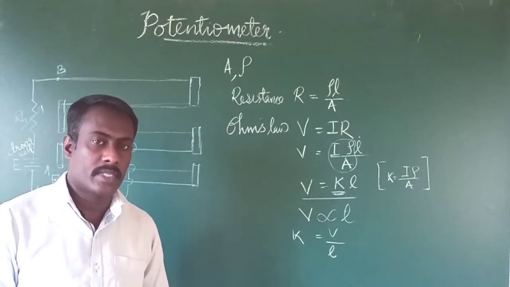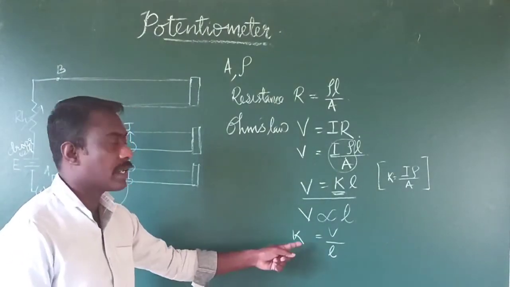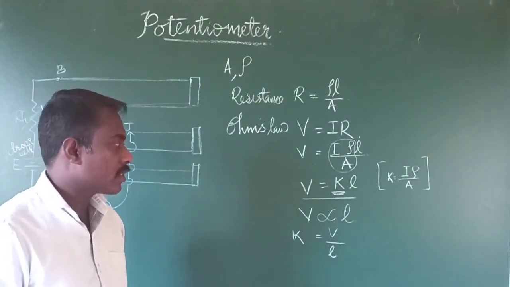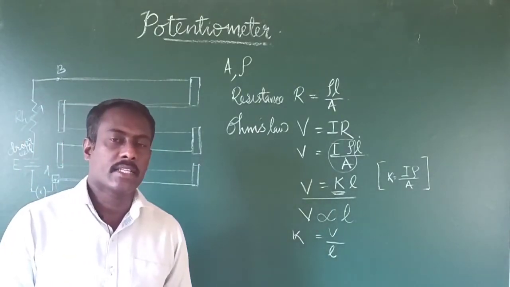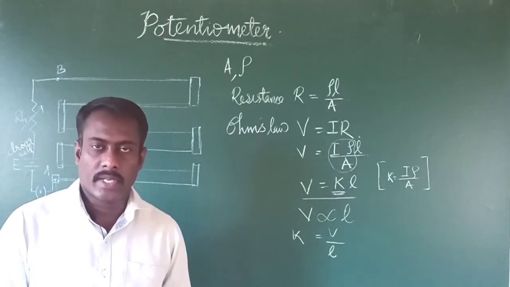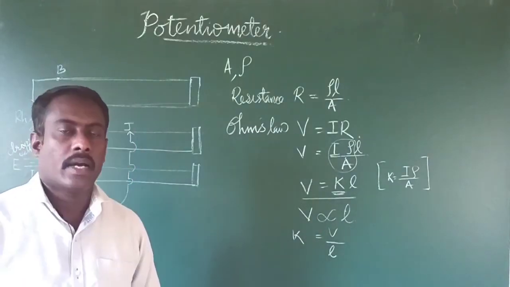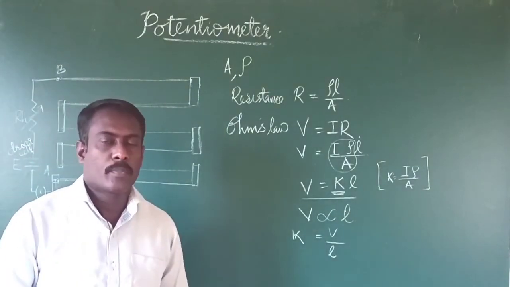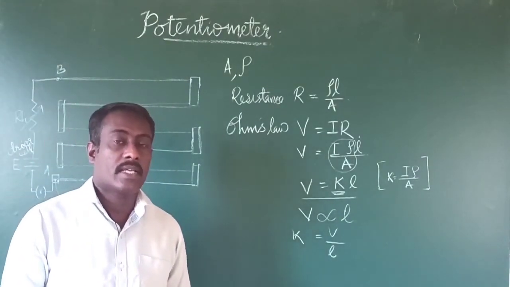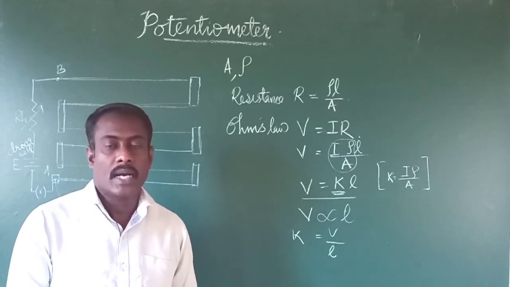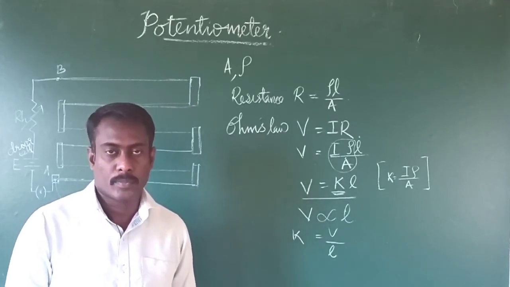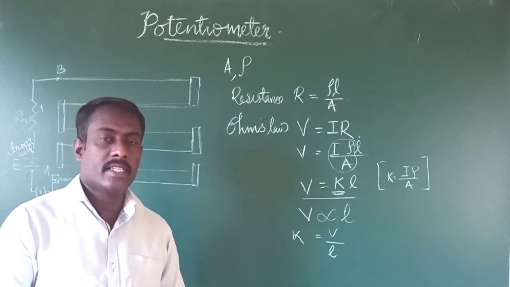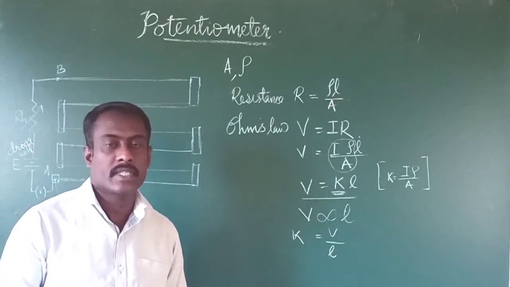Sensitivity of a potentiometer depends upon the potential gradient of the potentiometer. If the potential gradient is less, the balancing length of the potentiometer wire increases and the length can be measured more accurately. So potential gradient being less means the length of the wire increases.